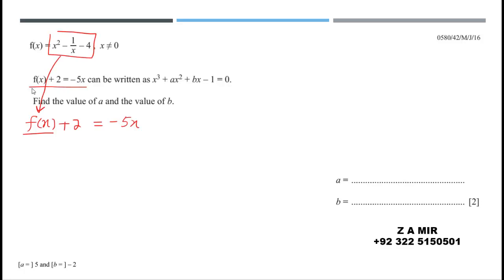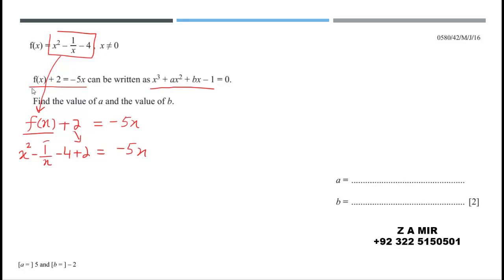Put this f(x) here. It is x squared minus 1 over x minus 4, then this plus 2 equal to minus 5x. These are two combined equations. One is on the left hand side, the second is on the right hand side, and we have to manipulate so it will become a cubic equation.